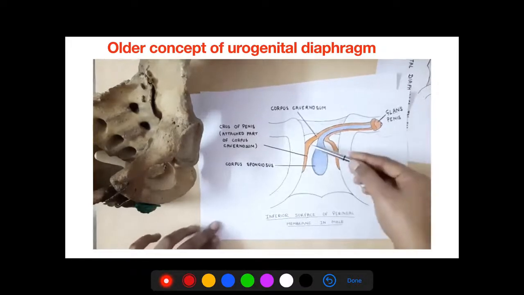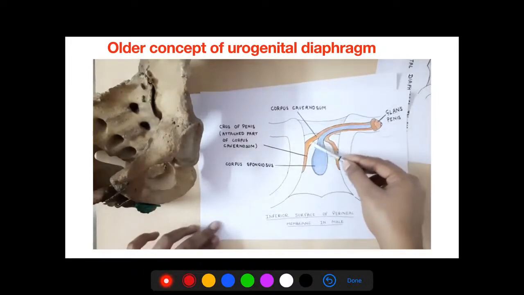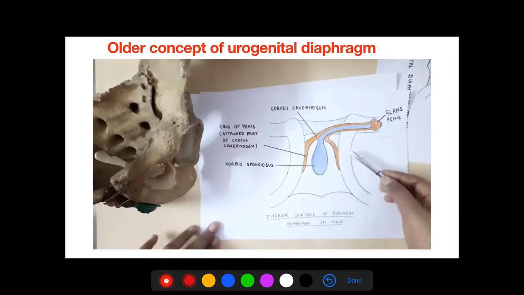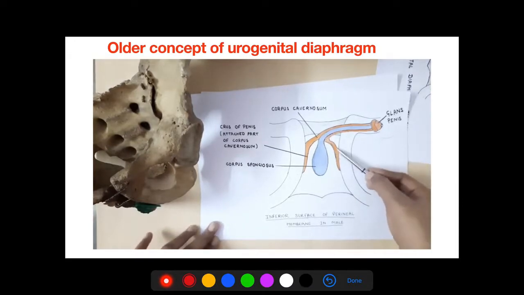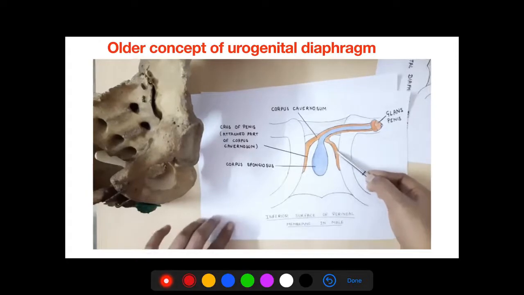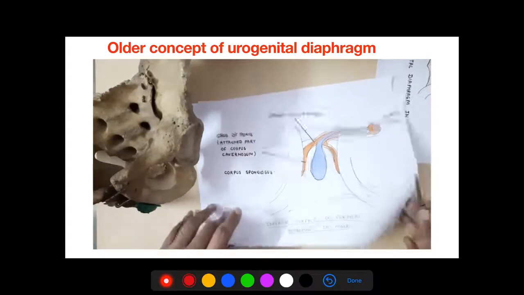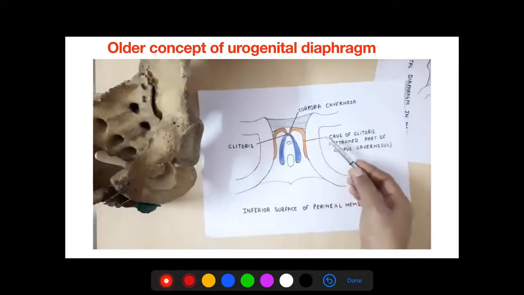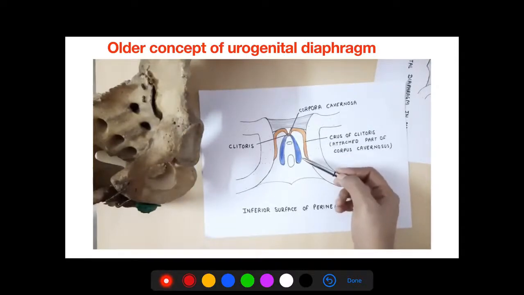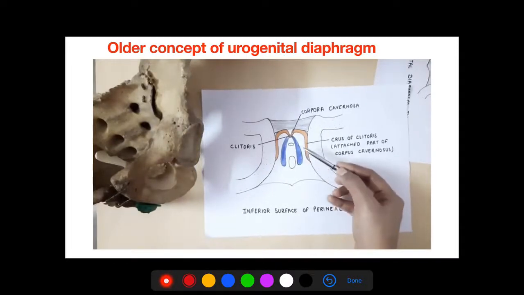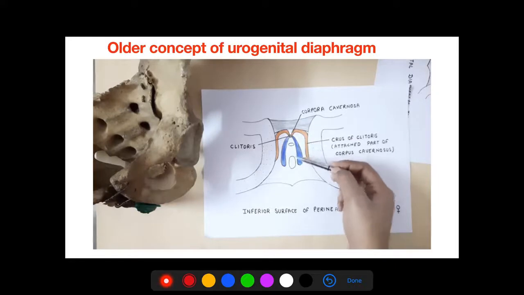And this portion, which is covered under the crura, is penetrated by the deep artery and the dorsal nerve and artery of penis. And in this diagram, this is the perineal membrane of female, and it is penetrated by the vagina and urethra.